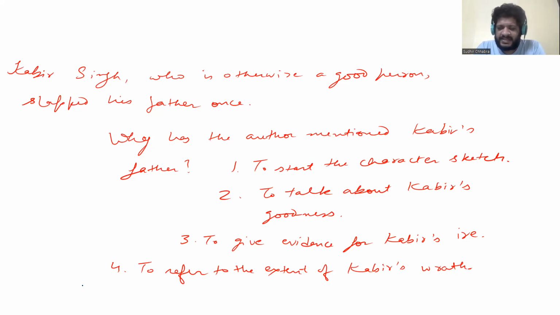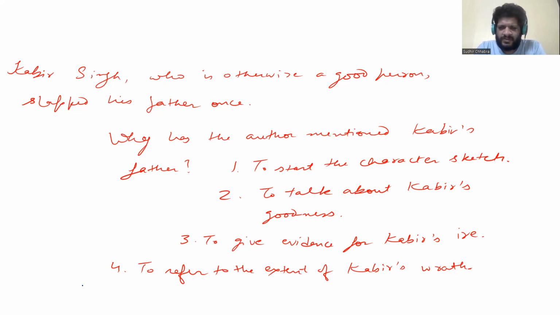To start the character sketch: this is a bit awkward because the character sketch started at Kabir Singh only. We did not need the father to start the character sketch. So a bit awkward, clumsy. To talk about Kabir's goodness, you do not mention someone slapping his father.